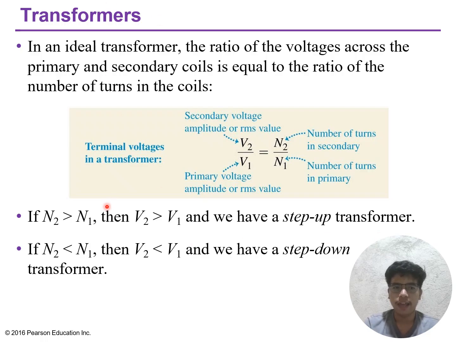Conversely, if N sub 2 is less than N sub 1, then V sub 2 is less than V sub 1, producing a step-down transformer that decreases voltage while increasing current.